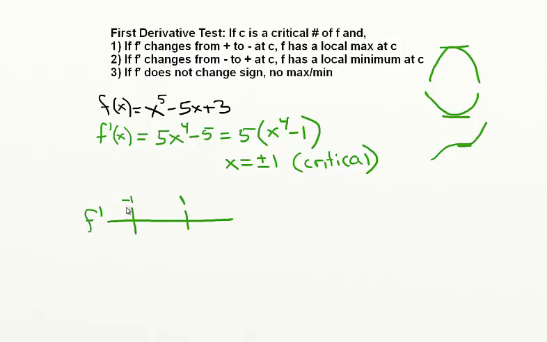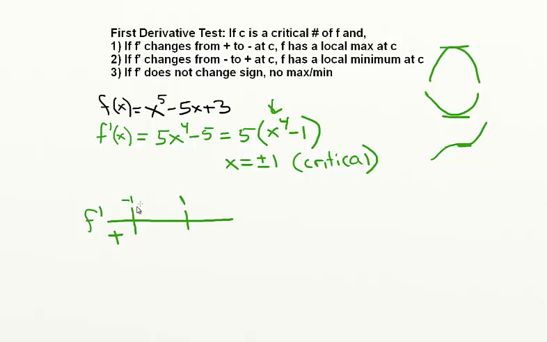To the left of negative 1, say something like negative 2, when we raise that to the fourth power, 2 to the fourth power is 16, minus 1 is 15, times 5, that's clearly going to be positive. So to the left of negative 1, our derivative is positive, because no matter what we put in there, when we raise it to the fourth power, it's going to be larger than 1. So when we subtract 1, we're still going to be positive.